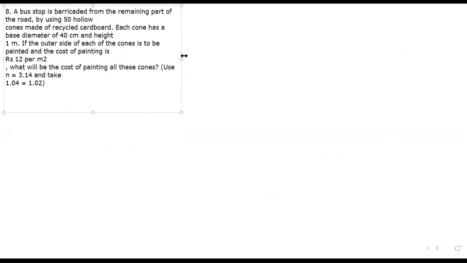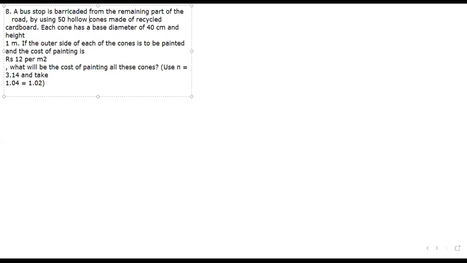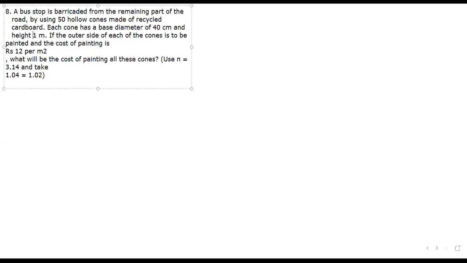A bus stop is barricaded from the remaining part of a road by using 50 hollow cones made up of recycled cardboard. Each cone has a base diameter of 40 centimeters and a height of 1 meter.